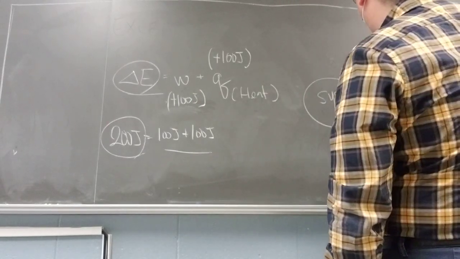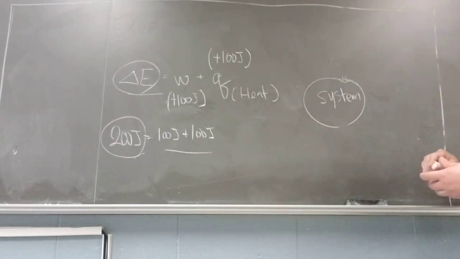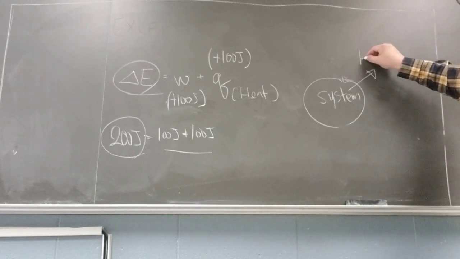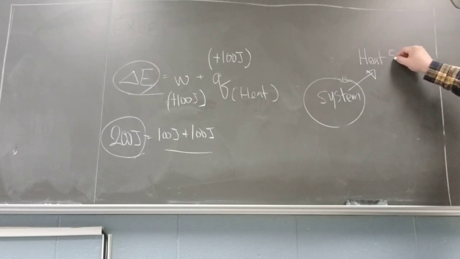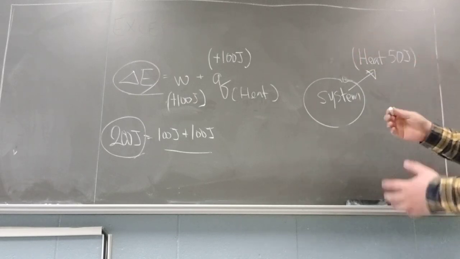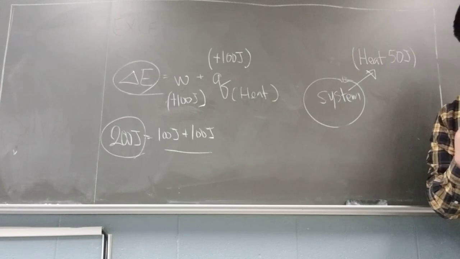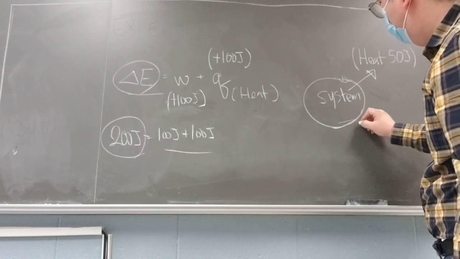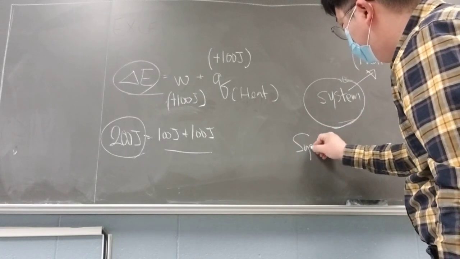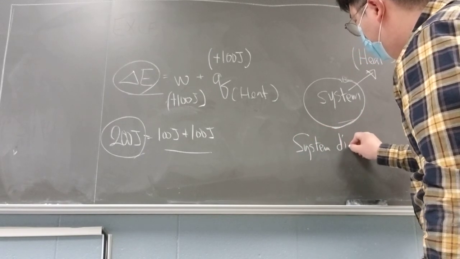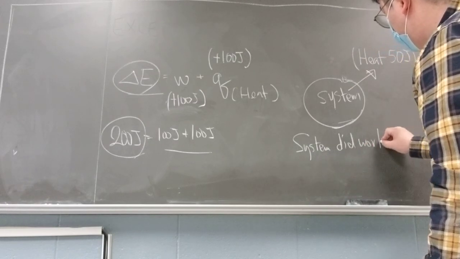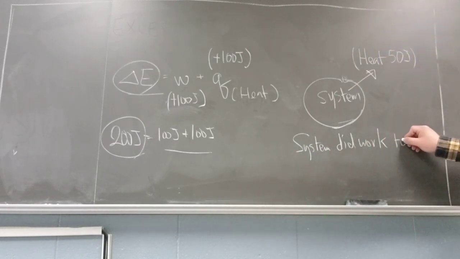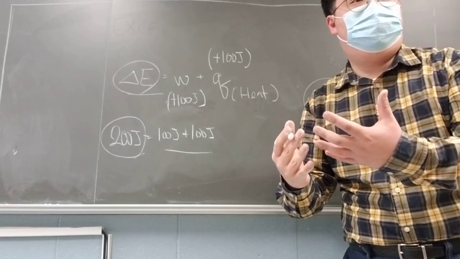Okay, we say the system emits heat energy, so maybe 50 joules of heat energy were coming out from the system. And then also the system did work to the surroundings.